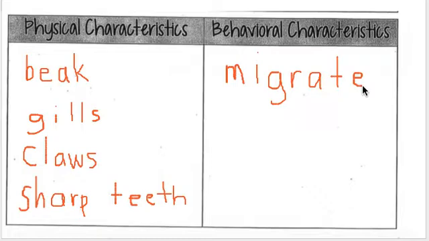A lot of animals store food for the winter. So storing food would be a behavioral characteristic. A lot of animals that don't migrate hibernate.